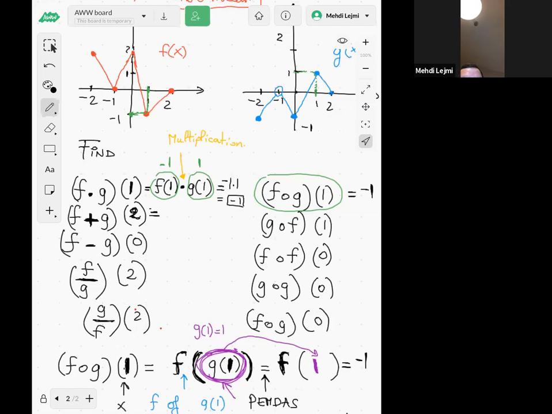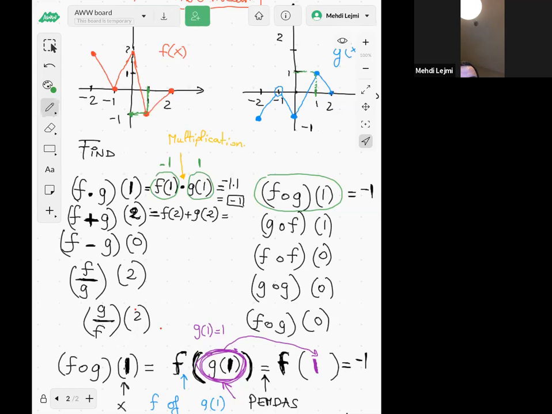So for next, we have f plus g of 2. By definition, it's a plus, so it's addition of f of x plus g of x. My x is equal to 2, so that's f of 2 plus g of 2. Now I need to find f of 2.